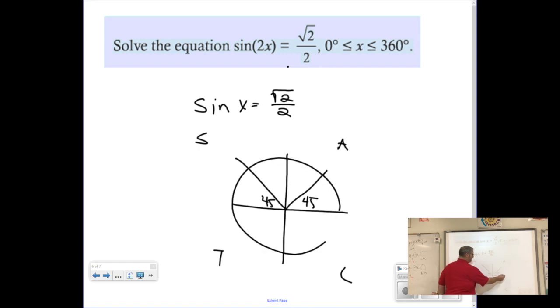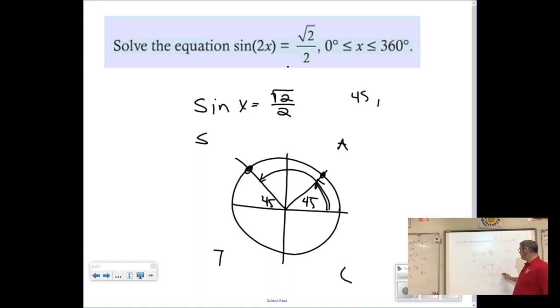So if I were to draw my circle, one full revolution around the circle would give me this point and that point. So let's figure out what those angles are. Going in the positive direction, because we're only doing positive, from here to here would be 45.